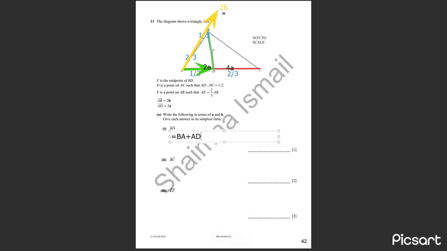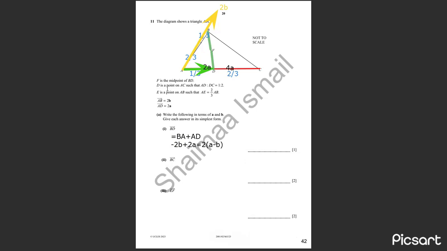And the BA now is minus 2b because of the different direction, minus 2b plus 2a, which we can write as 2 multiplied by (a minus b). Let's write a first because we don't need a negative sign in the beginning. So it's 2(a minus b).